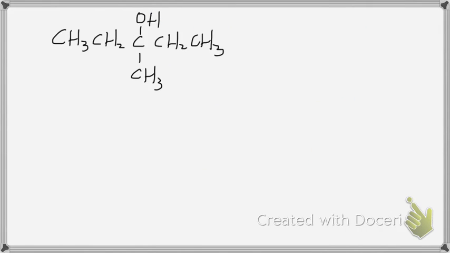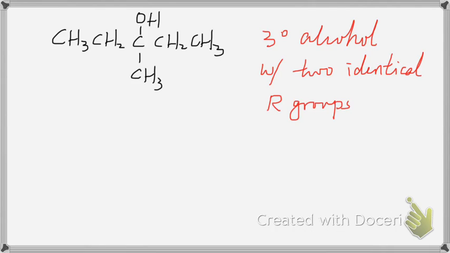Alright, now lastly, I want you to take a look at this tertiary alcohol. This alcohol has 2 identical groups attached to the carbon with the OH. Okay, it's a tertiary alcohol. It has two identical groups attached to the carbon with the OH.